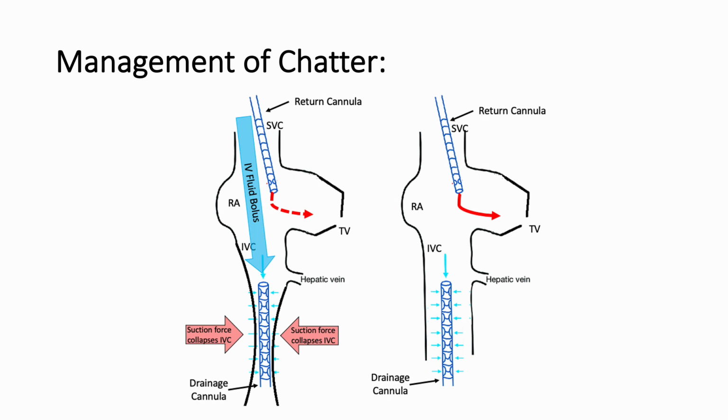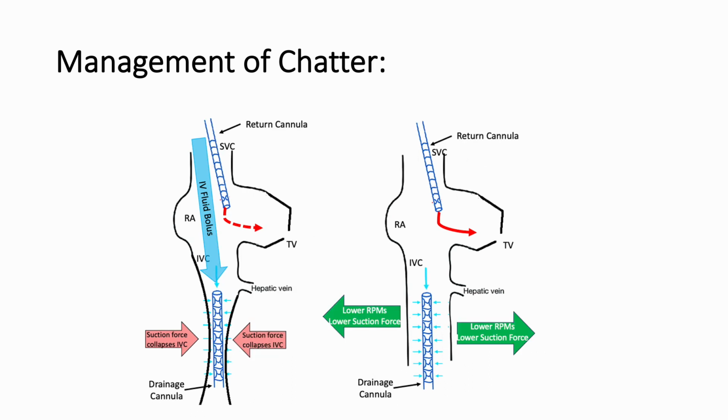If a potential contribution to chatter is a lack of venous preload, we can improve the status of preload through the administration of IV fluids, which can potentially increase the IVC diameter and alleviate the obstruction as the IVC expands. This unfortunately has potential negative effects as well, which include further dilution of circulating blood volume, which reduces hemoglobin concentration and thus oxygen carrying capacity, as well as contributes to overall edema.